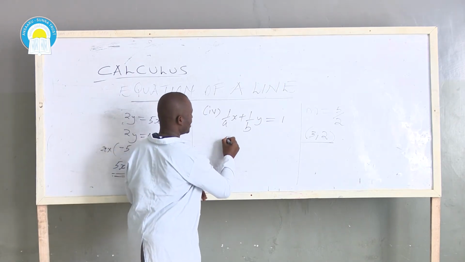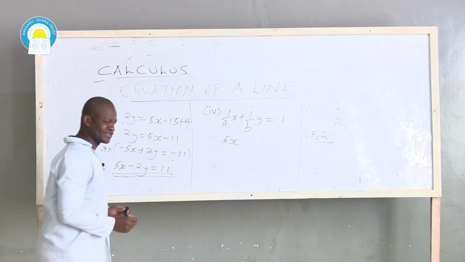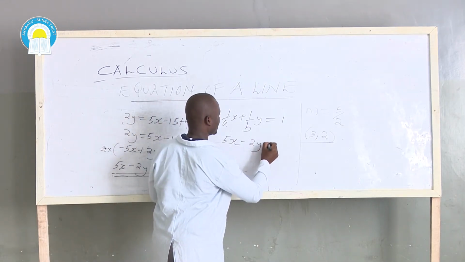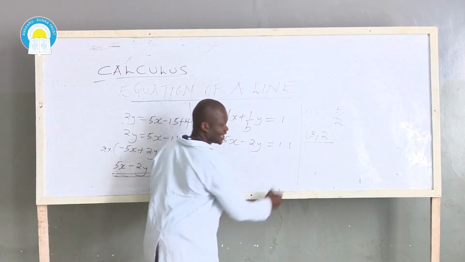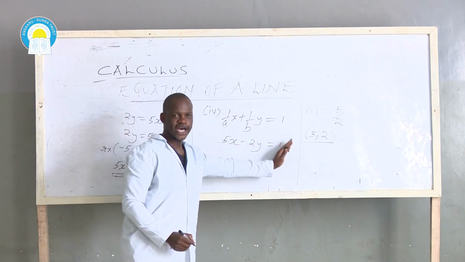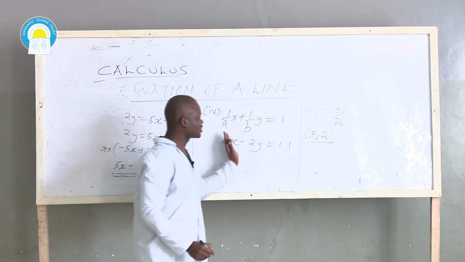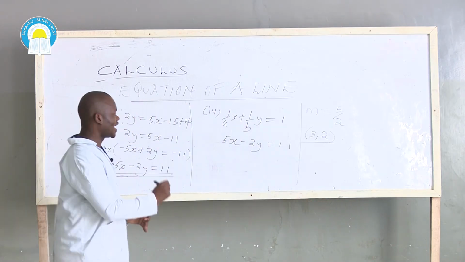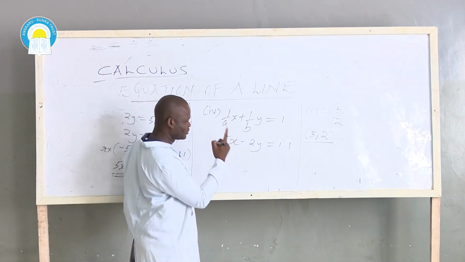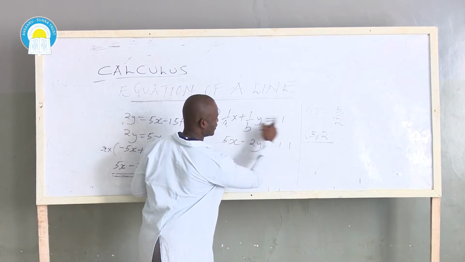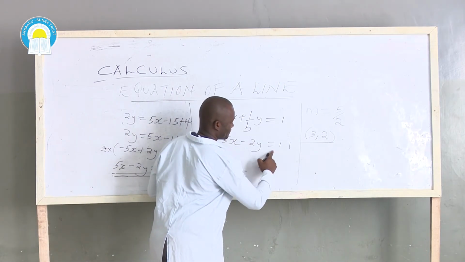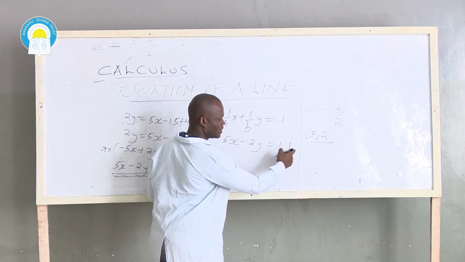So what do we have? We have 5x minus 2y is equal to 11. So already the variables x and y are on one side, the constant on the other side. Now, how do you achieve the form? Make sure your constant here is 1.